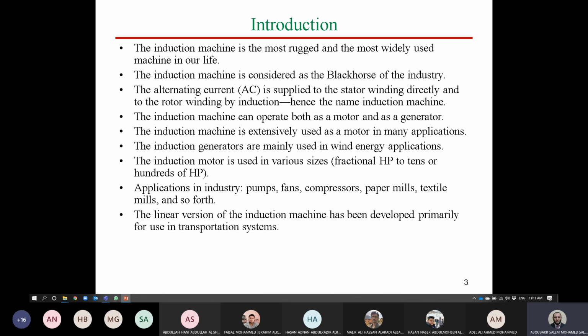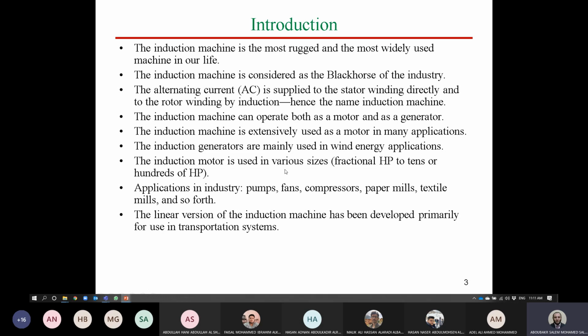Okay, guys? Right. So we can find this type of machine working as a motor and generator in today's applications. The induction machine is extensively used as a motor in many applications. The induction generators are mainly used for wind energy applications.